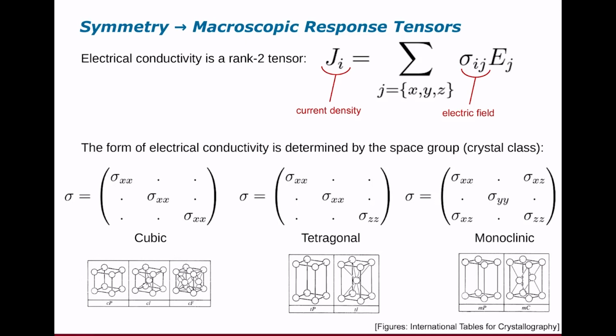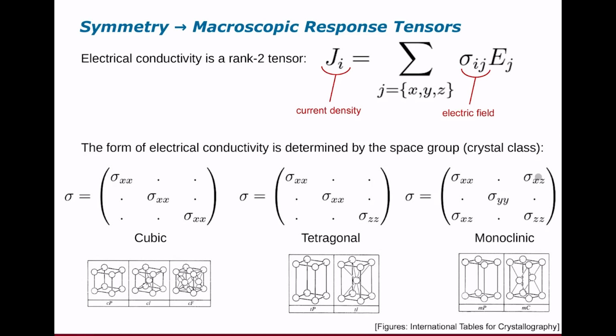So you have one angle that is different from 90 degrees. In these systems, you actually get off-diagonal elements of your sigma tensor as well, because it's possible to apply an electric field along Z and get a current that is parallel to Z, proportional to sigma ZZ, but also a normal component which is proportional to sigma XZ.